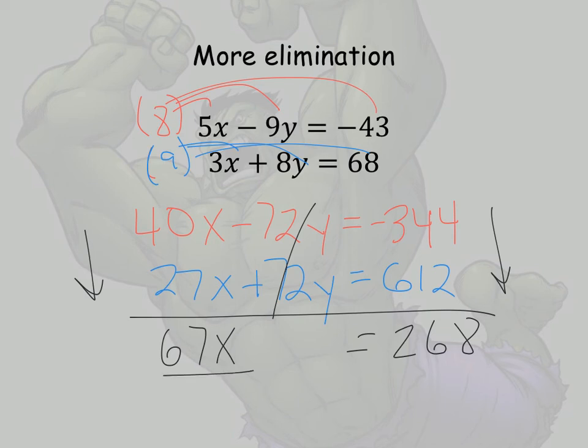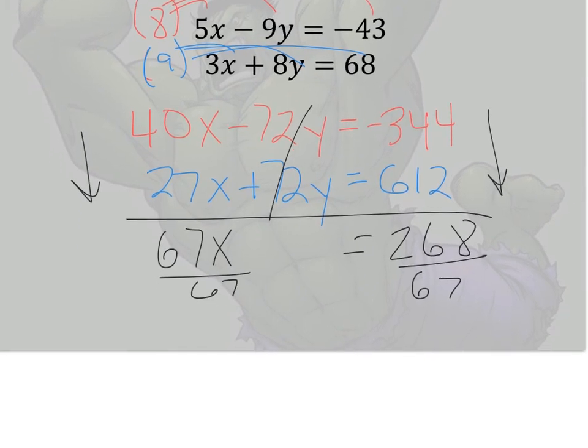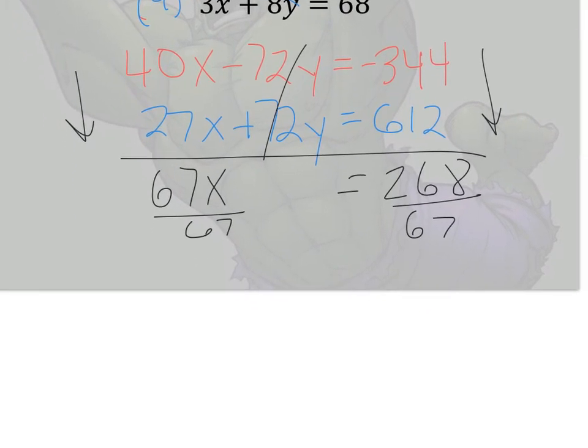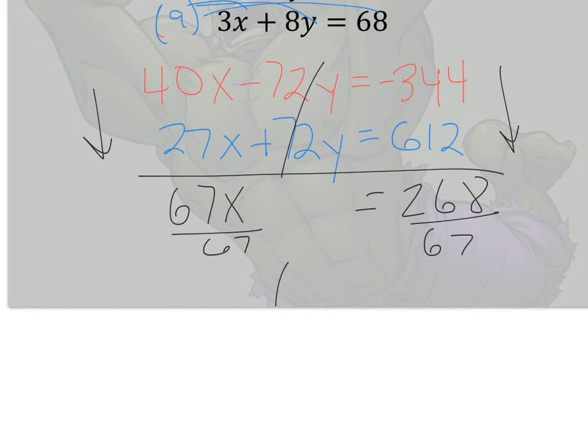And the way we solve this, we're just going to divide by 67. And then divide this side by 67. And we get x equals 4. But remember, not done.